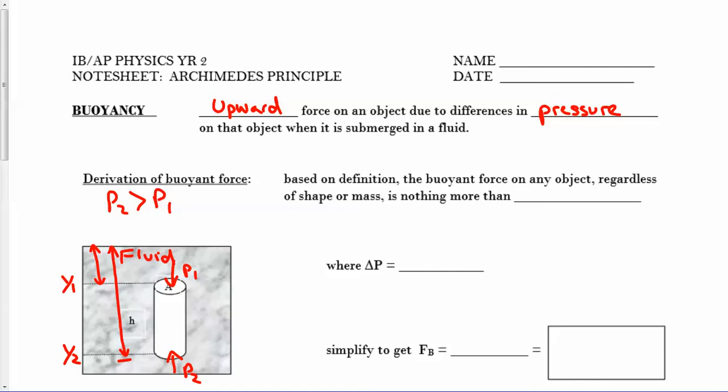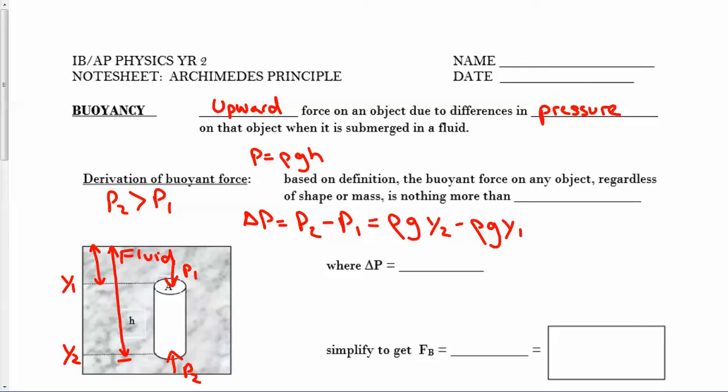So what we can say is that the difference in pressure is P2 minus P1, and since P is equal to rho g h, where h is the depth, I have rho times g times y2 minus rho times g times y1.